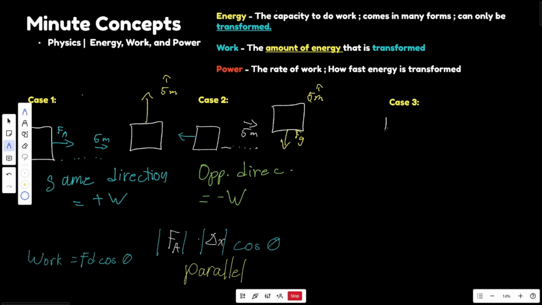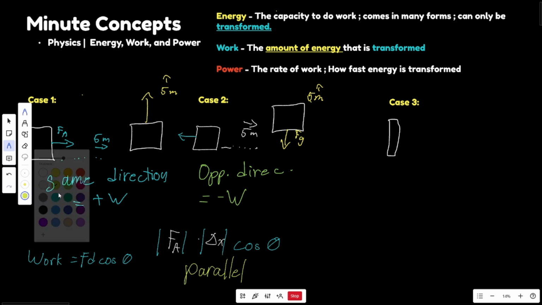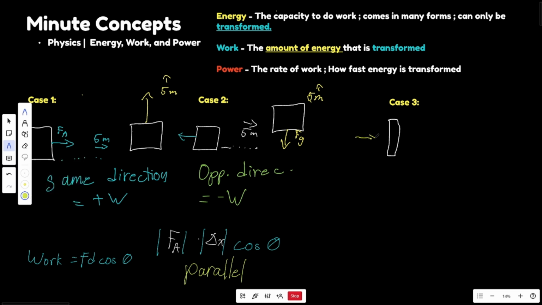So for example, let's take this situation here where there is a wall, and a person, represented by this arrow, is pushing against the wall with a 5 Newton force, for example. Now the wall doesn't budge, the wall doesn't move. So that means its displacement was 0 meters. 5 times 0 is 0. Therefore, there is no work done.